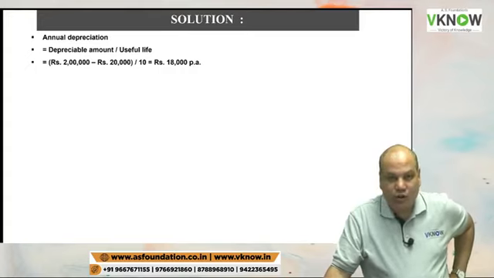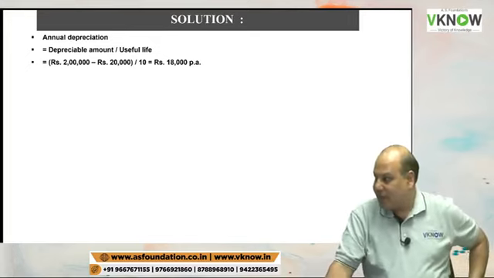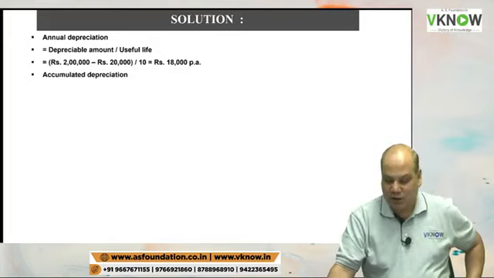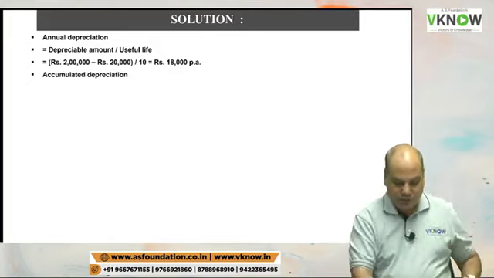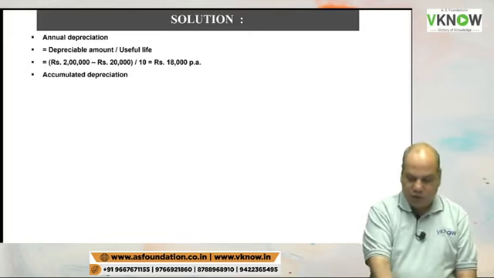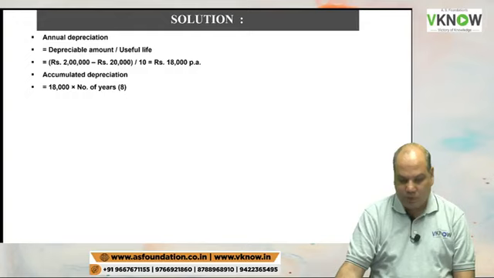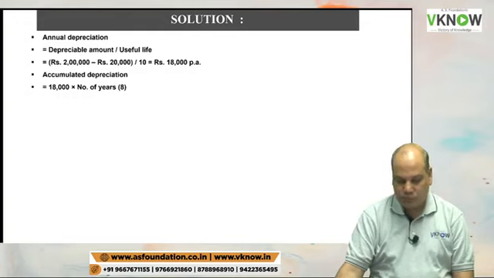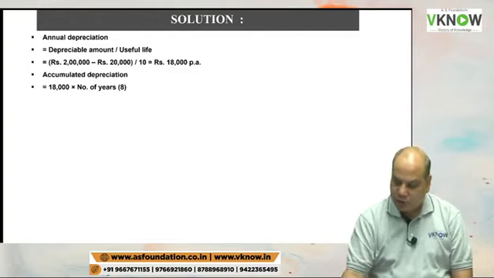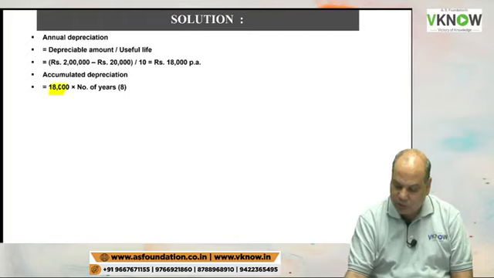Depreciable amount originally 2 lakh minus 20,000 divide by 10. That is, originally we were providing 18,000 per annum. Now write down accumulated depreciation. Accumulated depreciation will be 18,000 into number of years, 8 years.